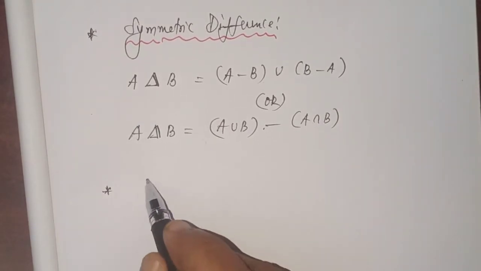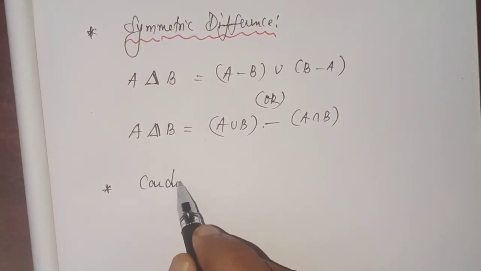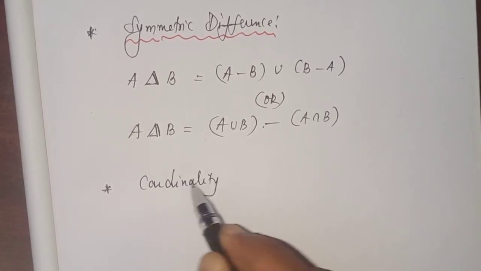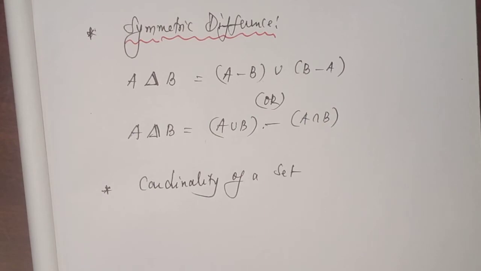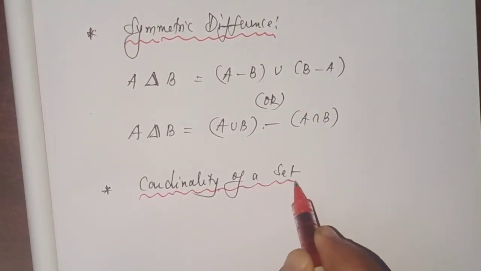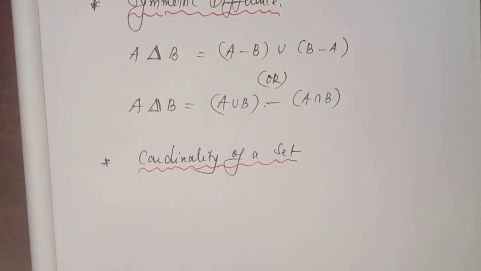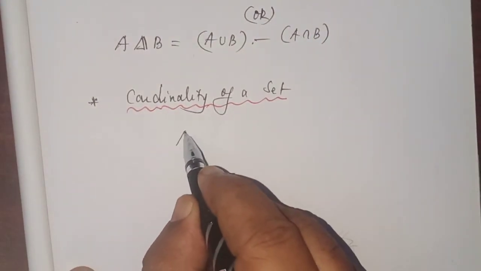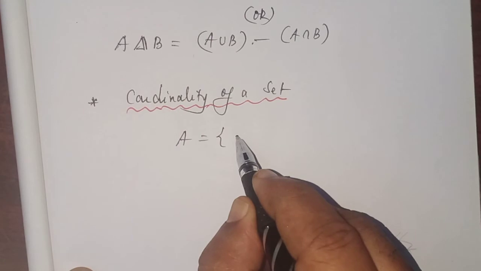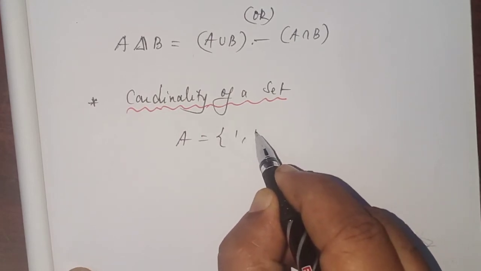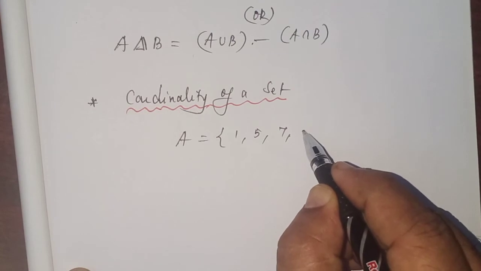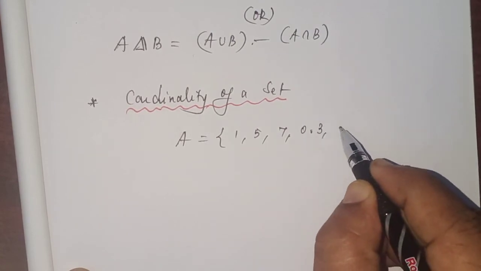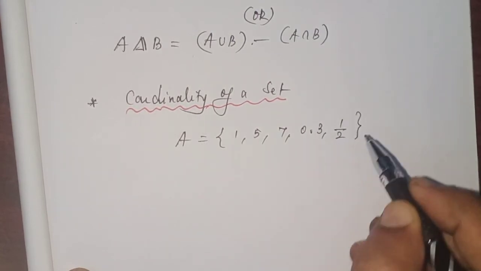Now, cardinality of a set. I consider a set A equal to 1, 5, 7, 0.3, 1 by 2.